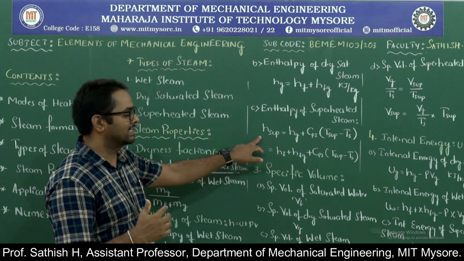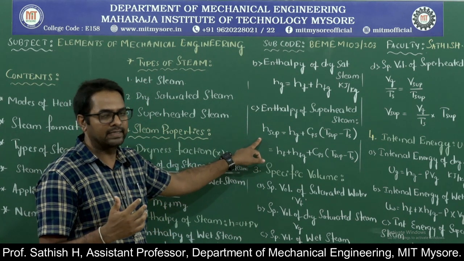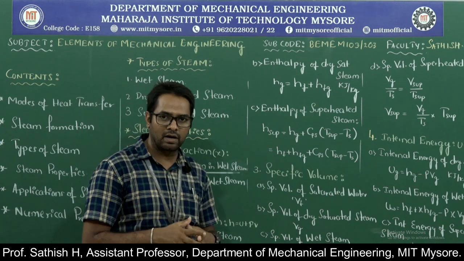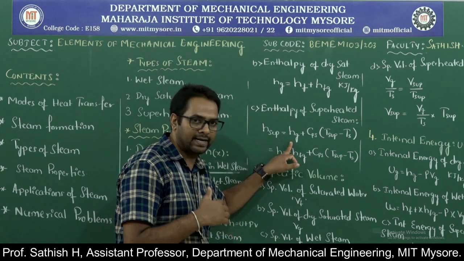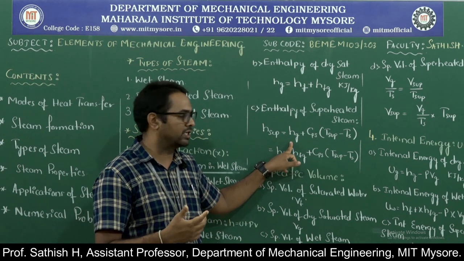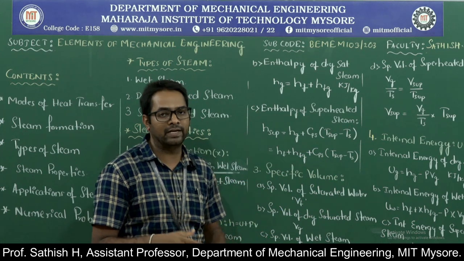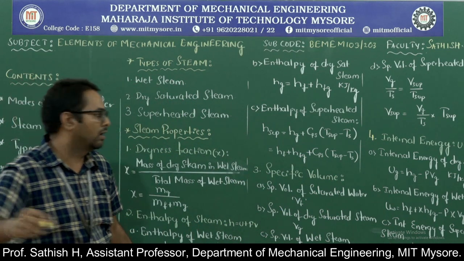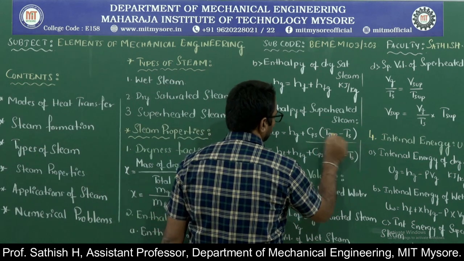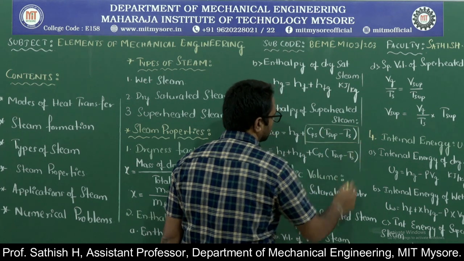So the enthalpy of the superheated steam is equal to the enthalpy of the dry saturated steam, Hg, plus the amount of superheat.